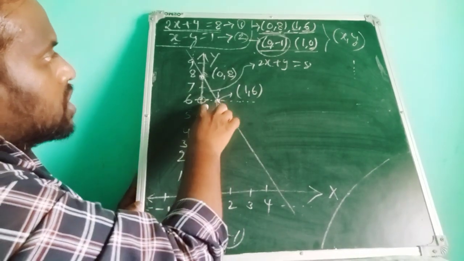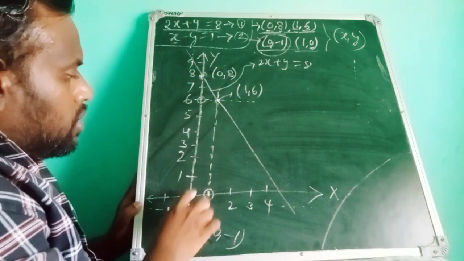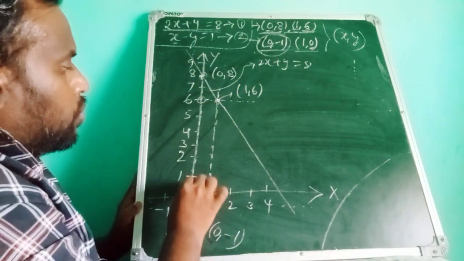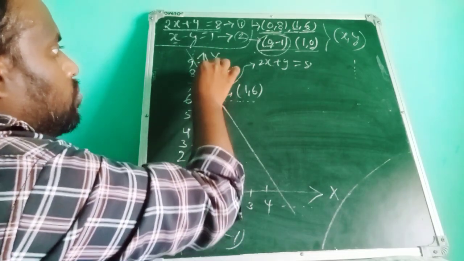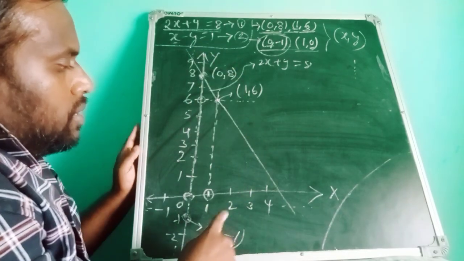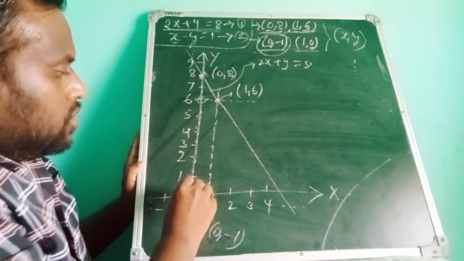In the previous case, from 0 till 8 we could draw a dotted line till here, so we put the point here. But it is not like that now.